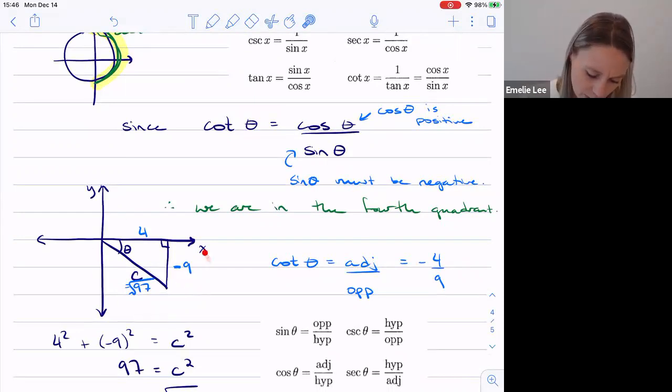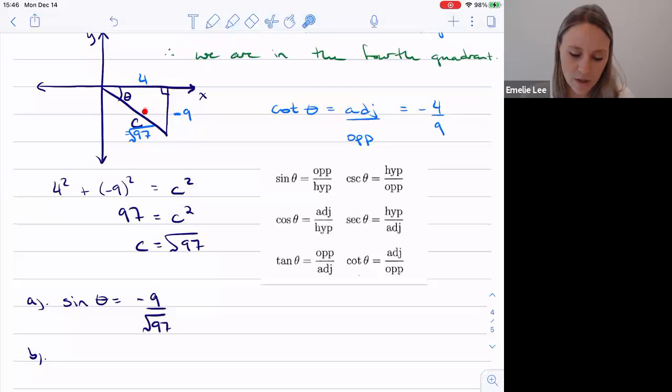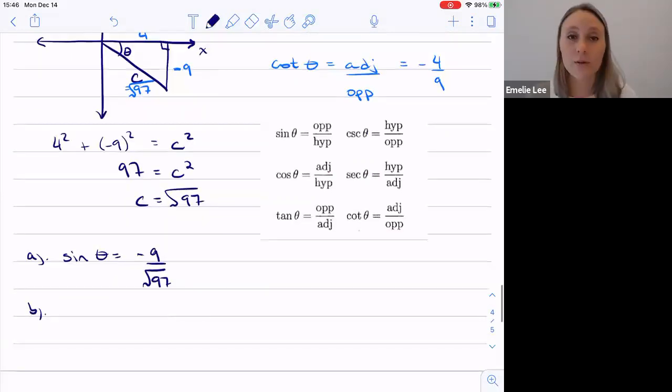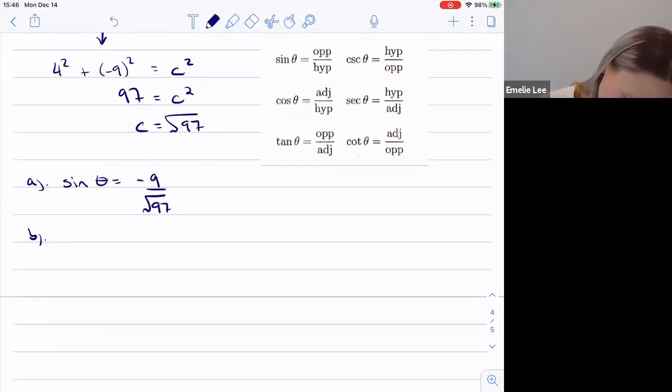But you do have to establish this triangle so that you can use the sides. Once you have all three sides, then you can just go ahead and plug them in, right? So a lot of those marks are for the work that you do in advance, and then finding all these trig functions is not that much work.